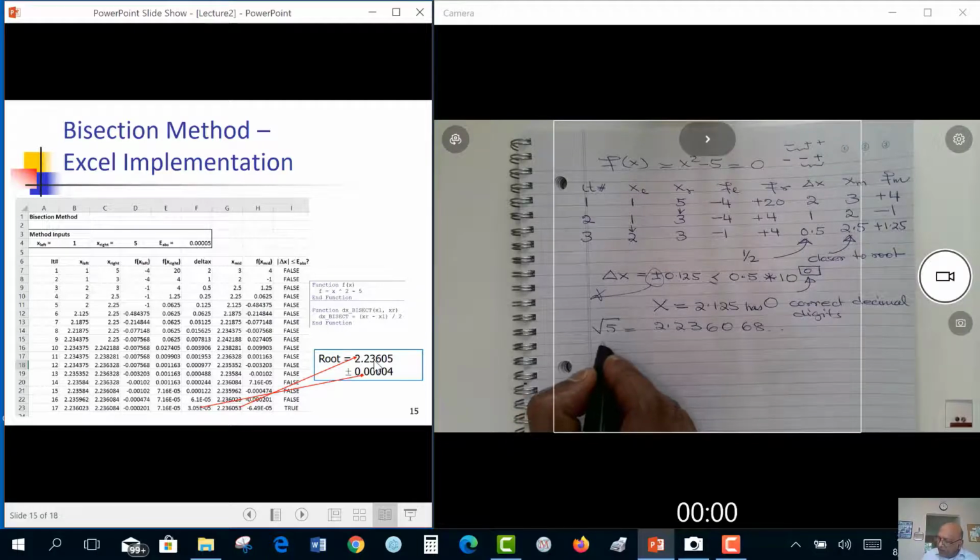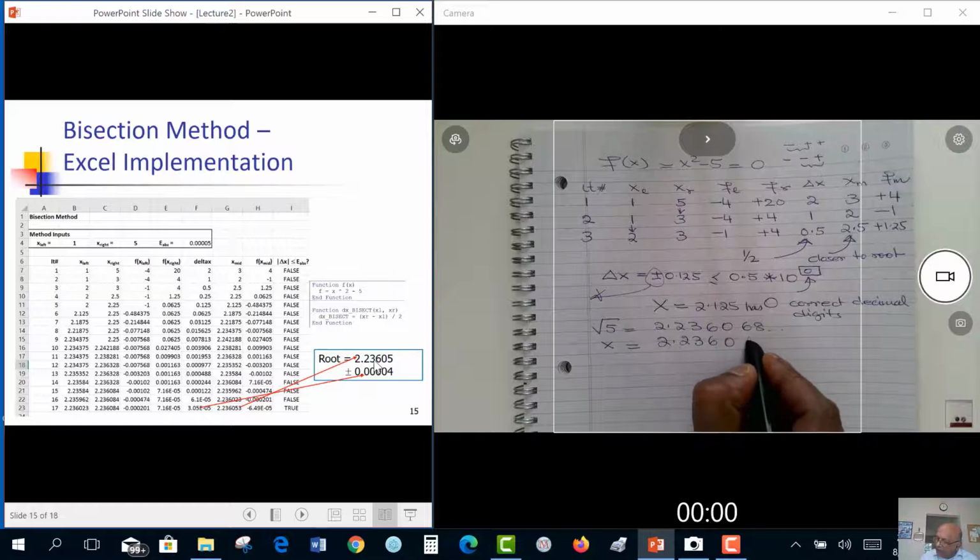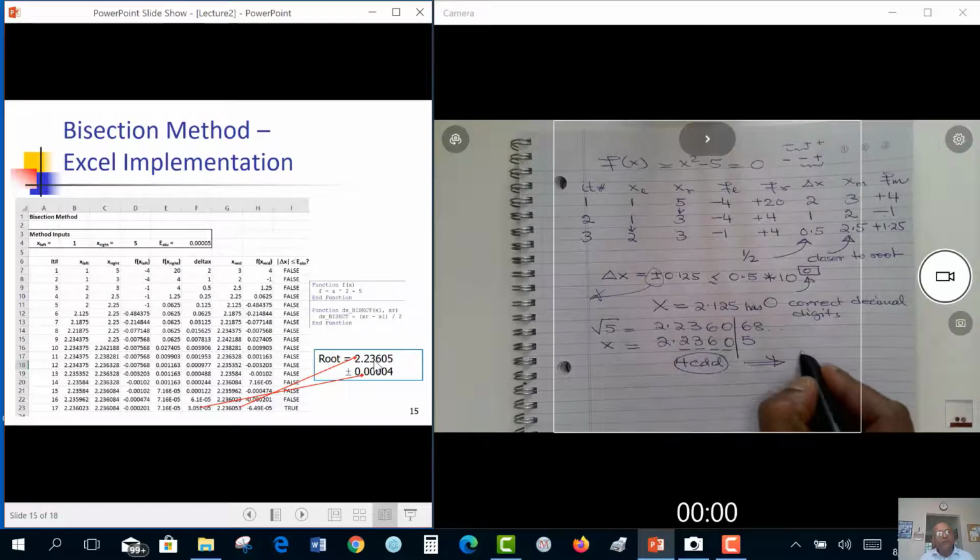The approximation we got was 2.23605. So you can see we match exactly 1, 2, 3, 4 correct decimal digits. And for this square root problem, it took us 17 iterations.